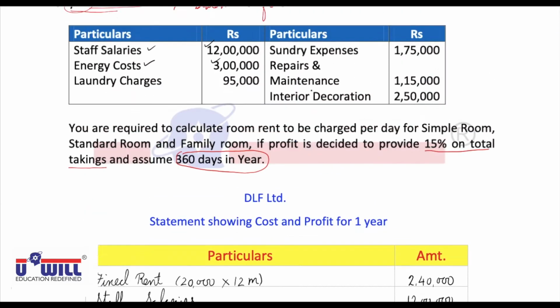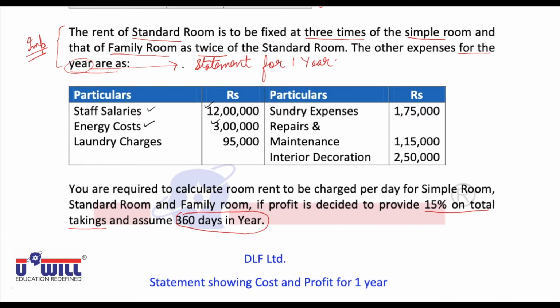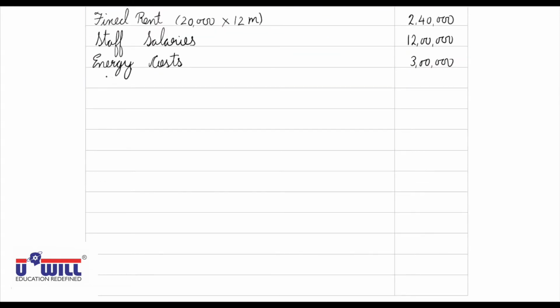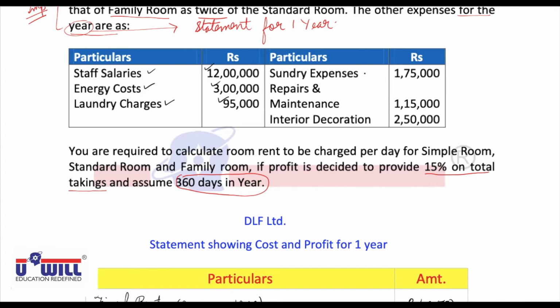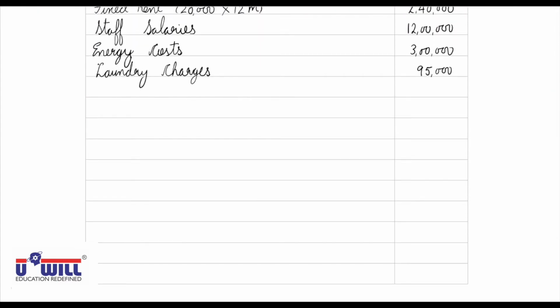Then after energy cost we have laundry charges. So all of you write down laundry charges of 95,000. Then after laundry charges we have sundry expenses of 1,75,000. Write down sundry expenses 1,75,000.